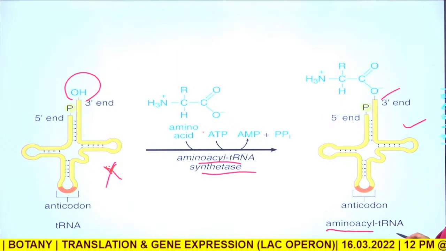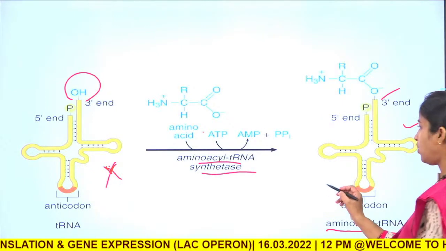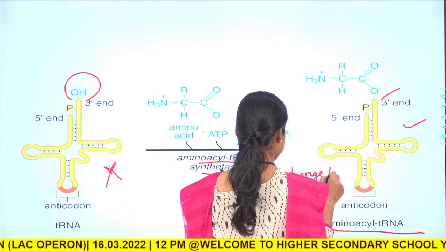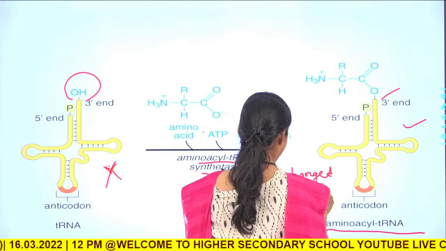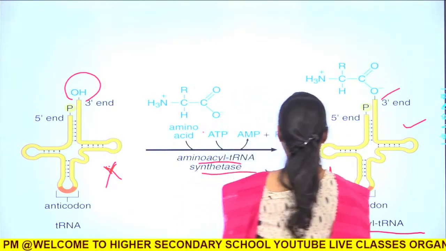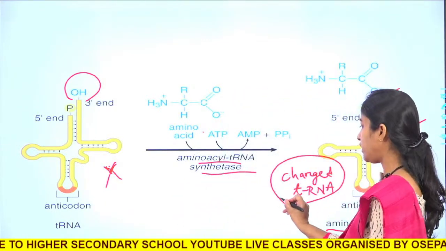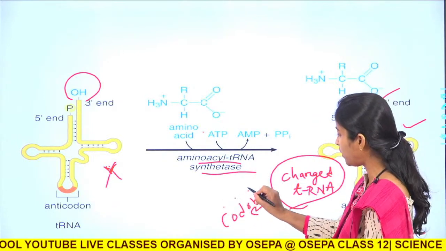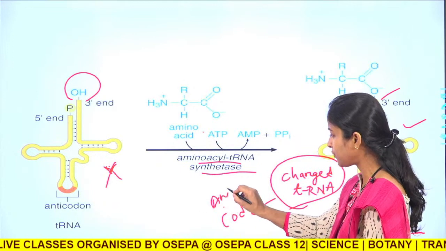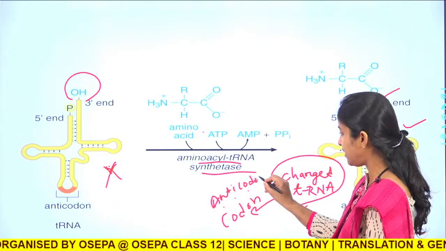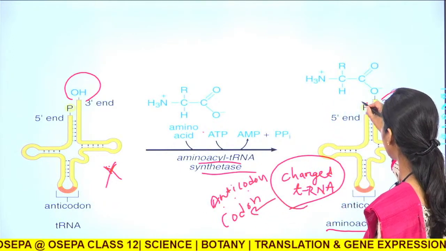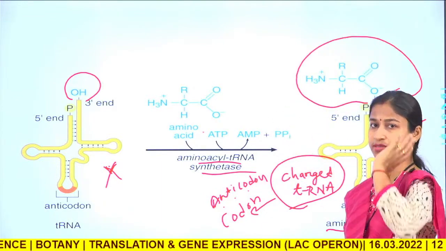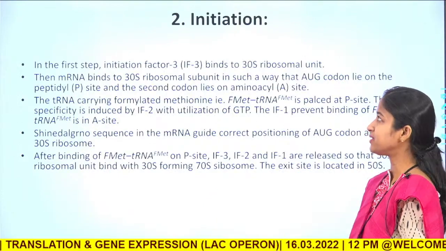This is called aminoacyl tRNA, or otherwise known as charged tRNA. Only this charged tRNA will go to the site of the codon and form a codon-anticodon interlocking, and the respective amino acid at this 3' end will be placed at the codon region. Like this, translation happens.